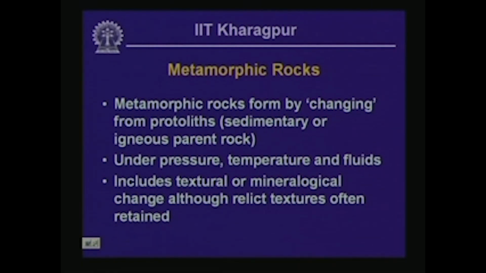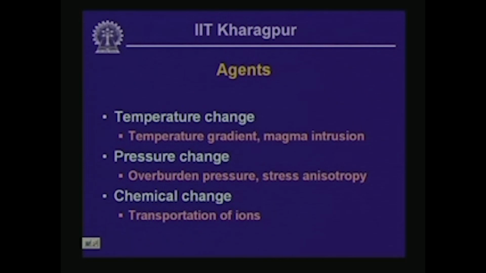So, metamorphic rocks then originate from the action of different agents of metamorphism on pre-existing rocks of primarily all the three varieties, i.e. igneous rocks, sedimentary rocks and metamorphic rocks.